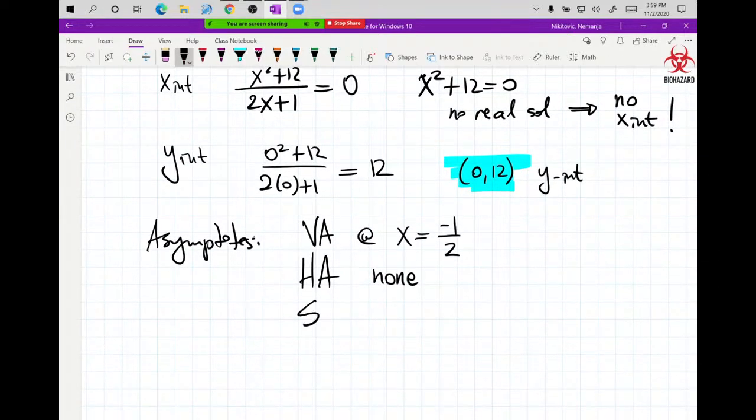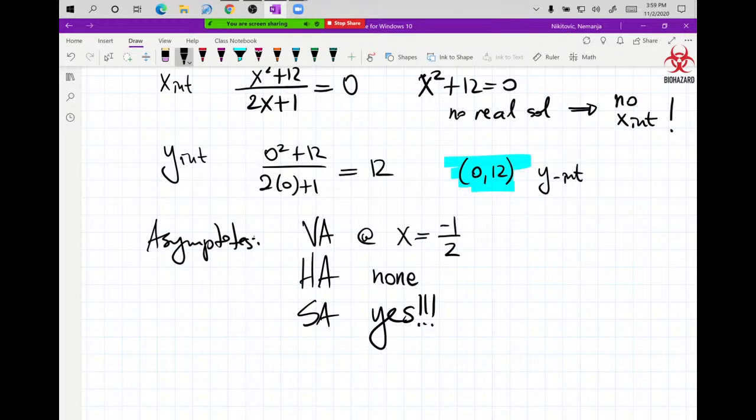But the slant asymptote is yes. And the slant asymptote is that y equals mx plus b line, which is an asymptote. I mean, the x and y axes, when they are the barriers, are just the functions x equals 0 and y equals 0.